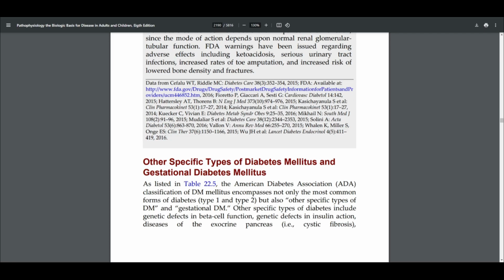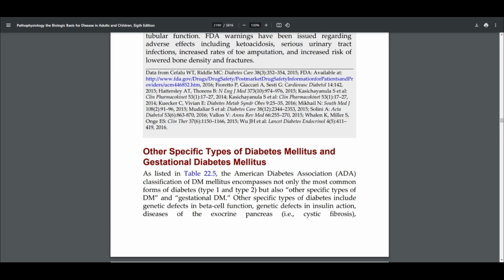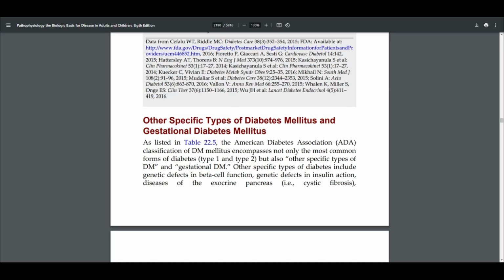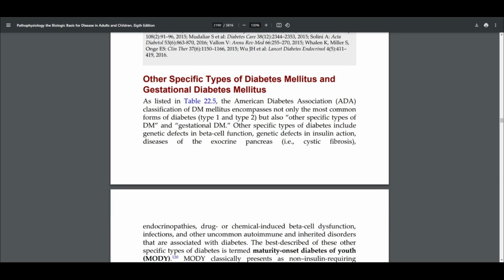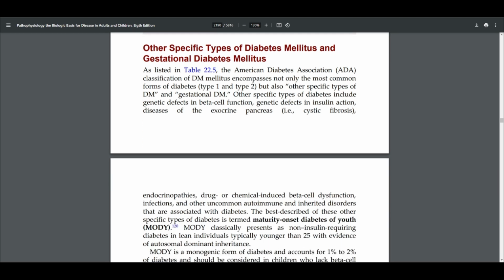So, other specific types of diabetes and gestational diabetes. As listed in Table 22.5, the American Diabetes Association classification of diabetes encompasses not only the most common forms of diabetes, 1 and 2, but also other specific types of diabetes and gestational diabetes.